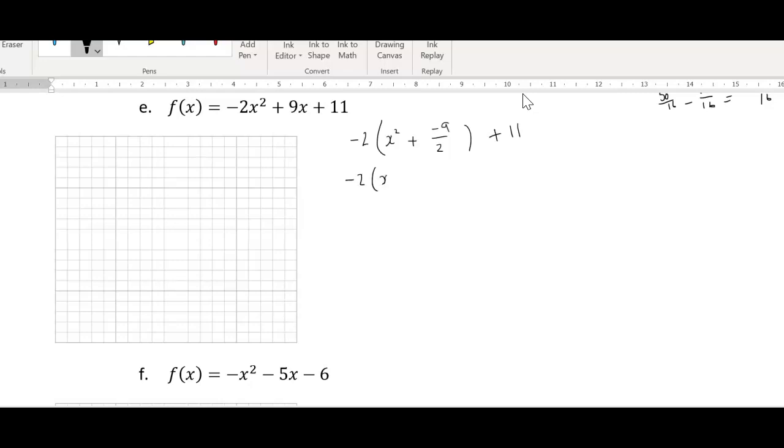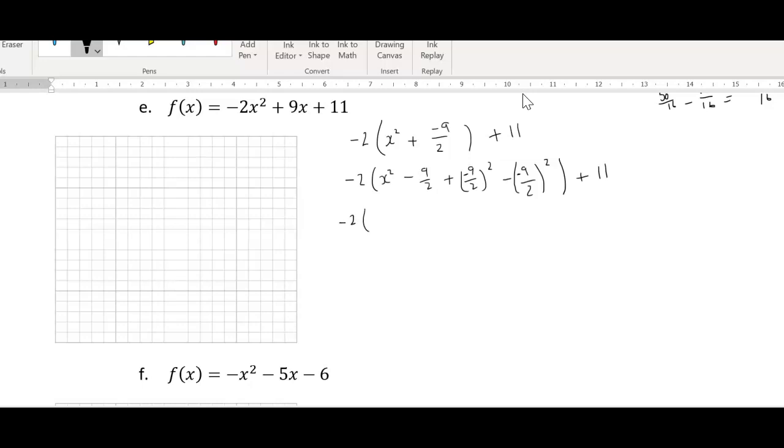So negative 2 x squared minus 9 on 2. And then if you're completing the square, remember we complete the square with these first two terms. So we add 9 on 2 squared, then we subtract 9 on 2 squared. Sorry, let's not get the negatives incorrect. It should be negative here, but when we square it, it doesn't make any difference. But it's better to be correct. All right, and then we've got the plus 11.